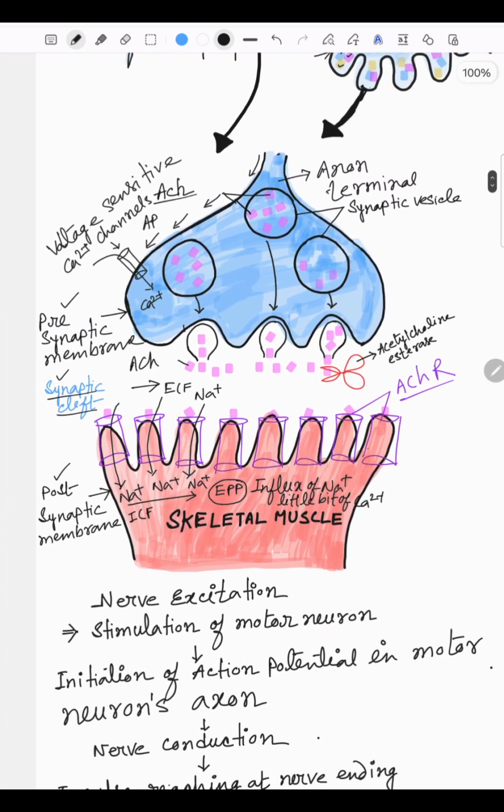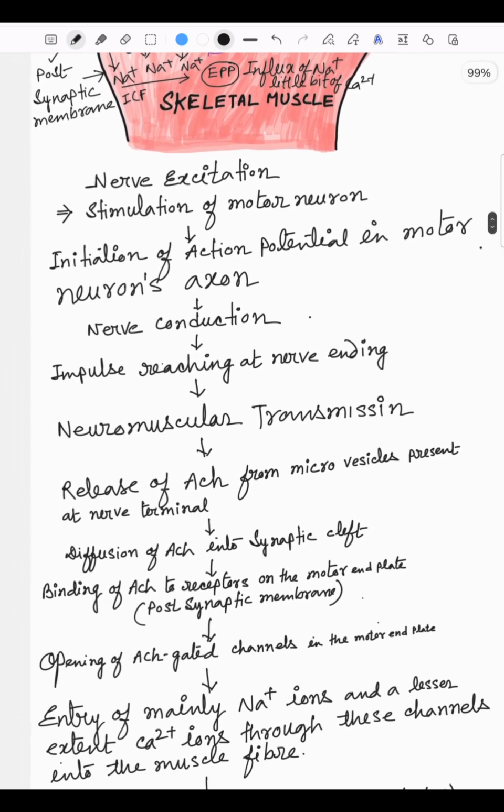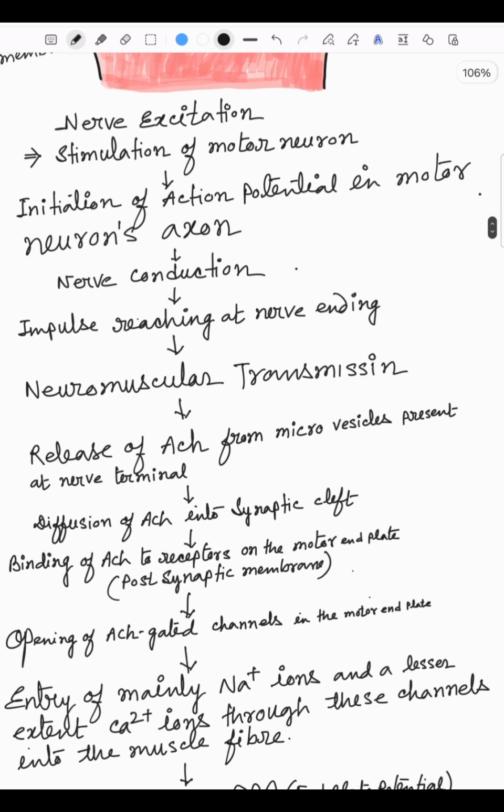So in this part, I have discussed the normal physiology of neuromuscular transmission. In another video I will explain what happens in myasthenia gravis. Okay, so here are the sequential events. Please remember.